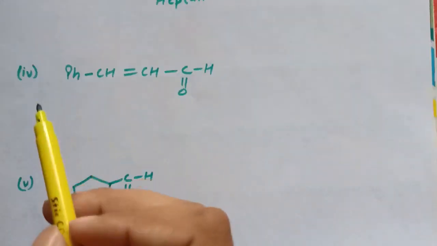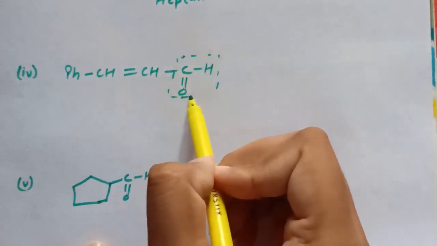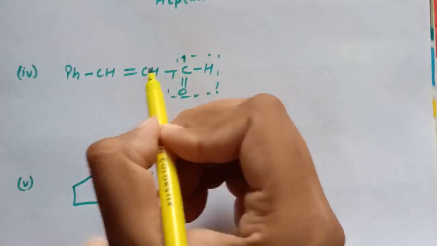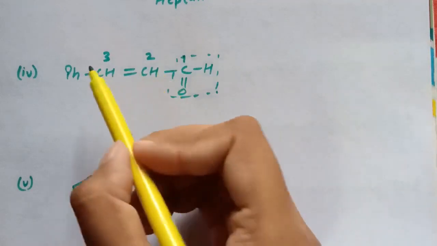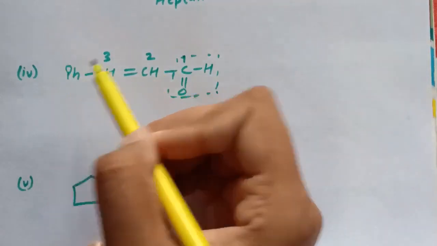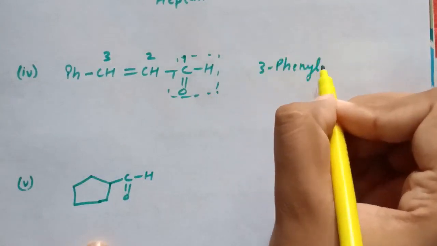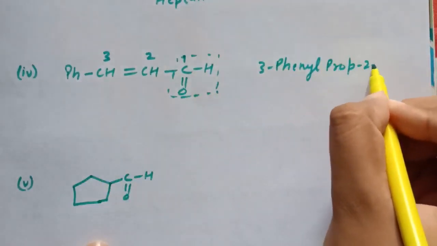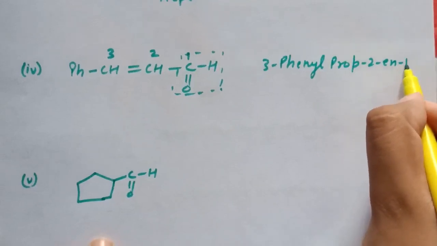Okay, next, here again in this structure aldehyde is the functional group. So we will start numbering from this side: 1, 2, 3. At third position one phenyl group is present, so this will be acting as a substituent. So we will write 3-phenyl, for 3-carbon atoms prop-2-en-1-al.